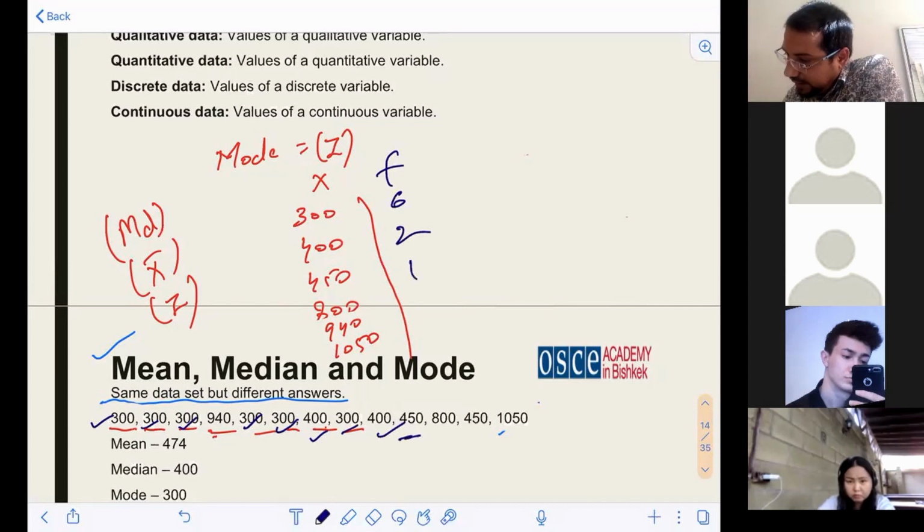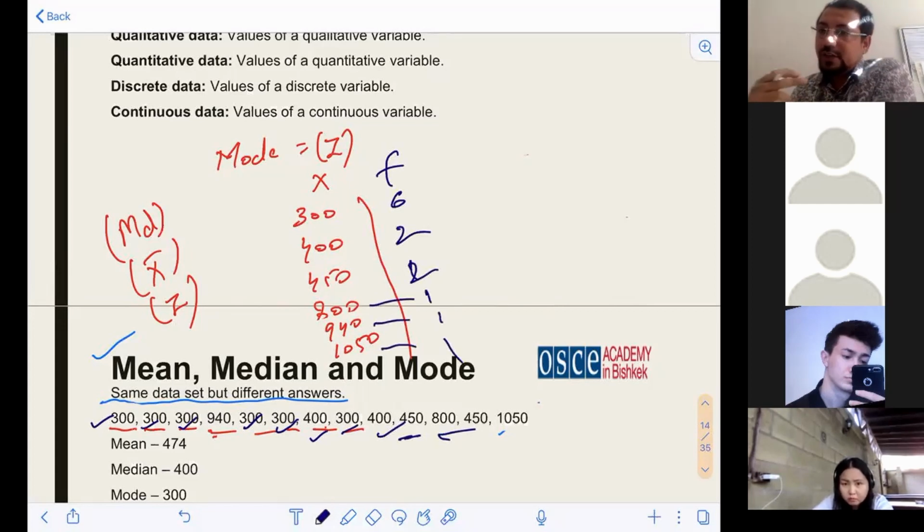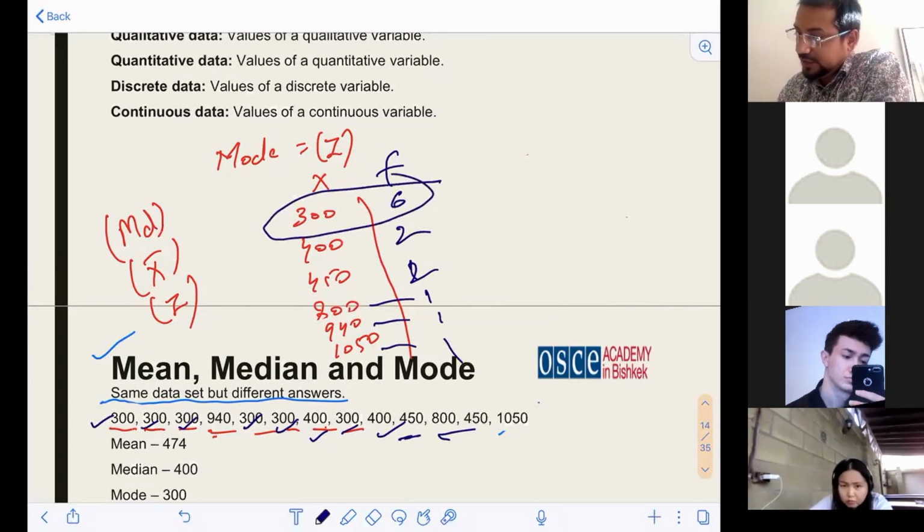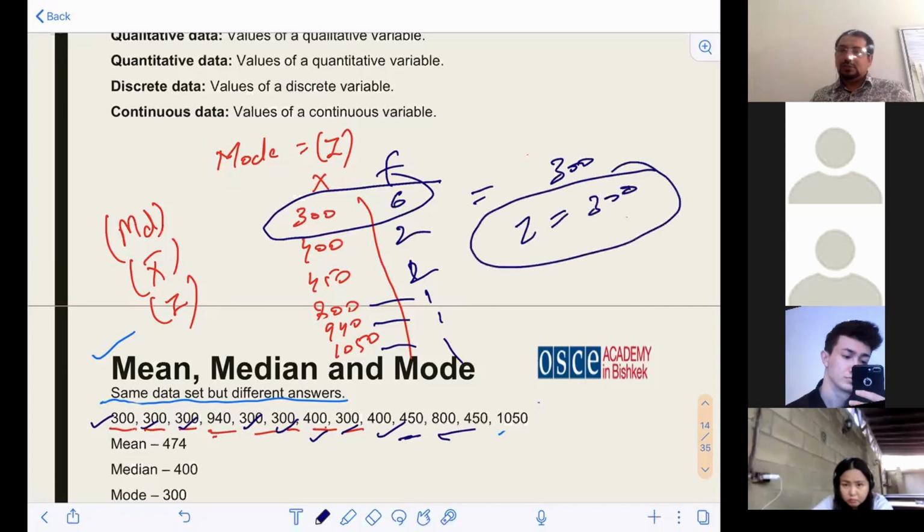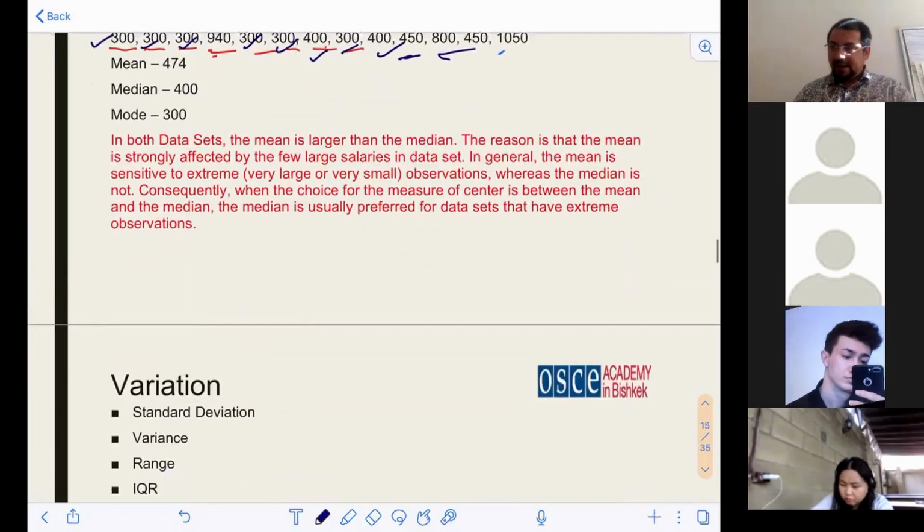Just one. 800, just one. 940, one, and 1050, one. So which number has the highest frequency? This one. Therefore, 300 will be our Z, the mode. So guys, my answer says 474, but you can check, no problem.